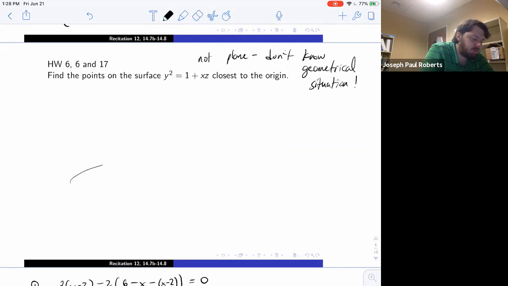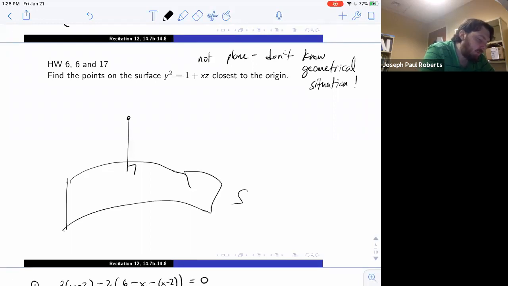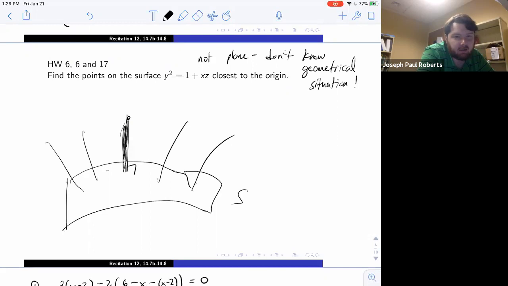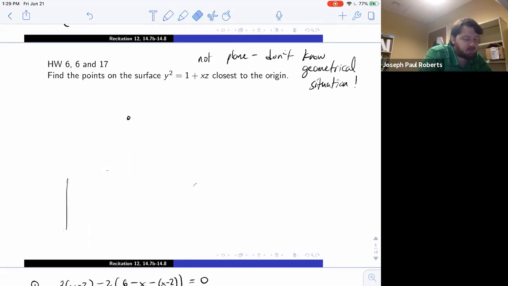Intuitively, distance is still going to happen when you're going perpendicularly, so I have some surface S, but I don't know the direction of this surface, and in fact, it changes depending on which point I'm talking about. So it's the gradient of the equation giving the surface that's going to come into play if we treat it like Lagrange multipliers.